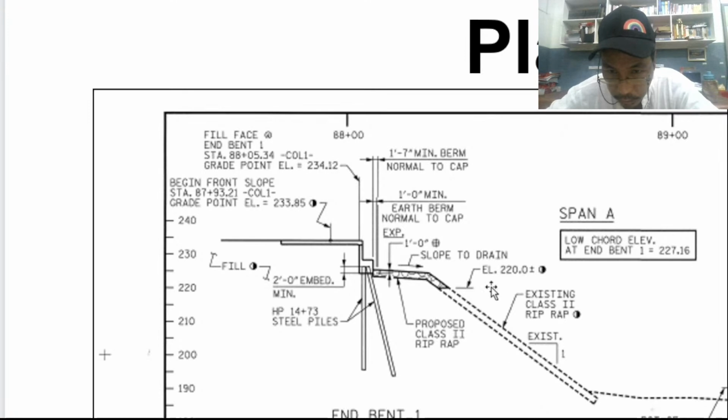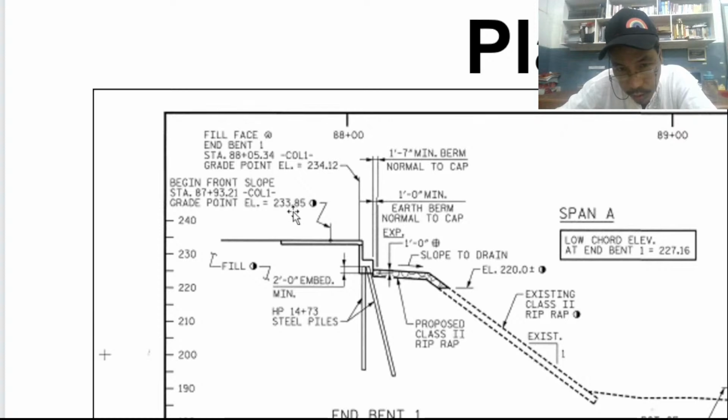Next to this is elevation 220.0 plus what? We have a specific measurement from this point, 220.